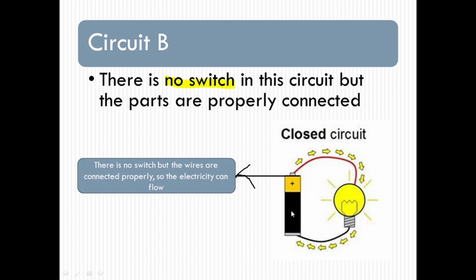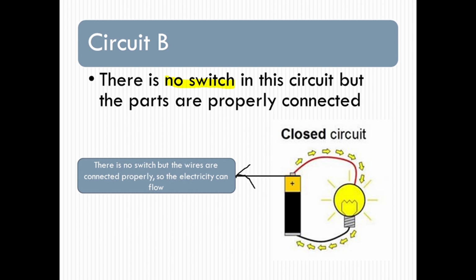The battery or electric supply, the wires and the bulb are connected to each other. There is no gap or space between them. And the result, the lamp can light up. Remember, there is no switch but the wires are connected properly, so the electricity can flow and the lamp can produce the light. So that's the point.